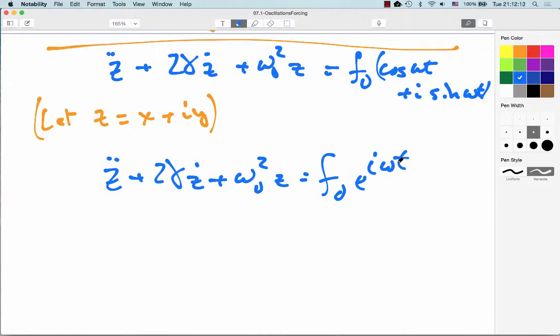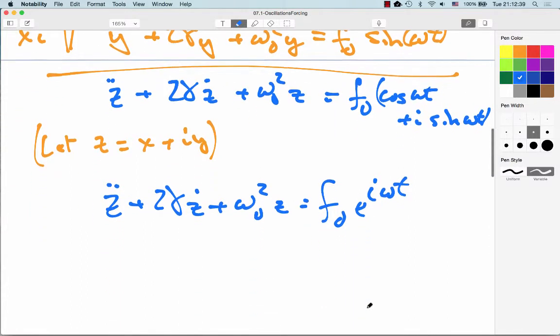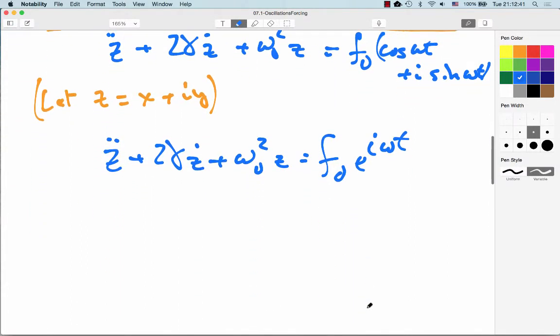Okay. Well, since there's no crosstalk at all between the real and the imaginary parts, if this complex differential equation has a solution, the orange one better have a solution, and the blue equation better have a solution somewhere too.